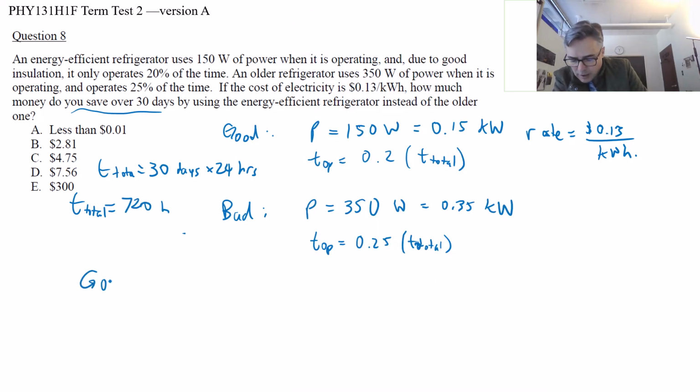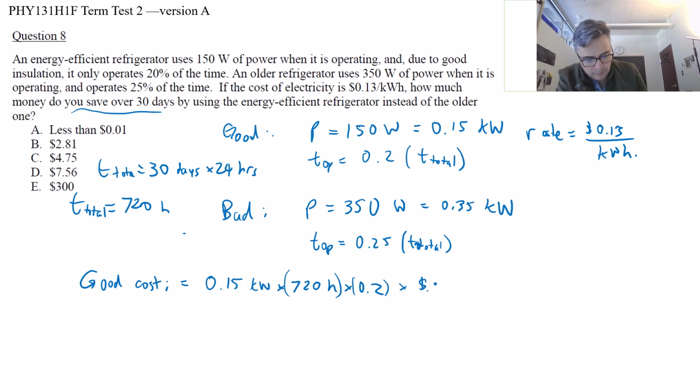So the good cost is going to be 0.15 kilowatts times 720 hours times 0.2, because it's only operating 20% of the time, times the rate, $0.13 per kilowatt hour.